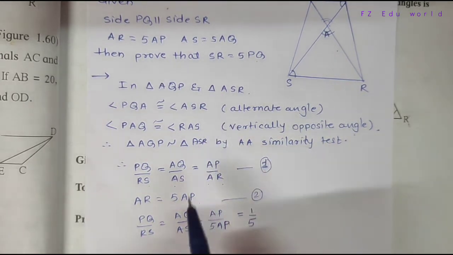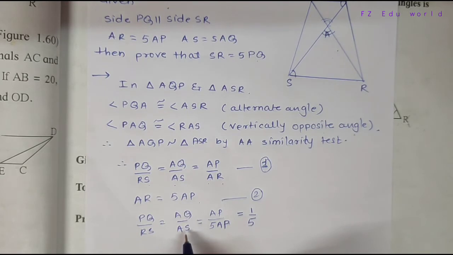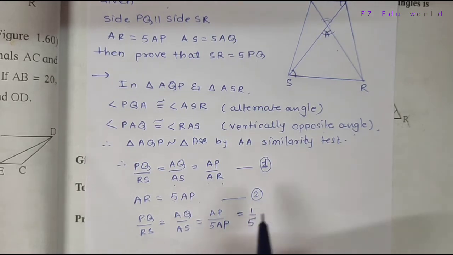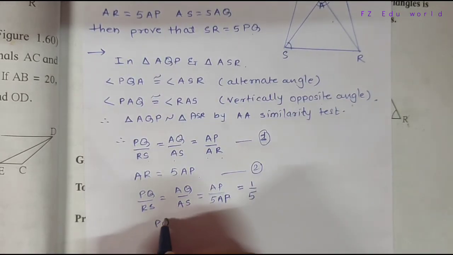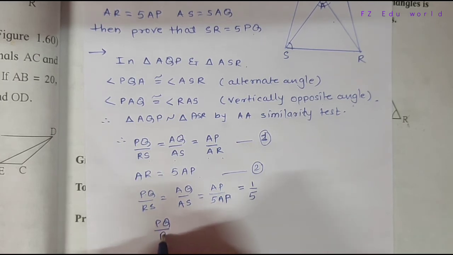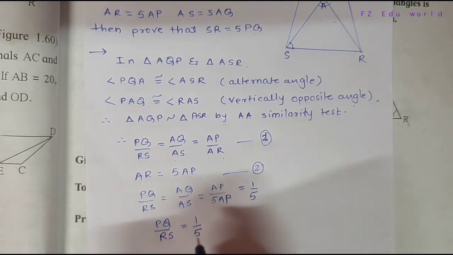Now what we need to prove is that SR is equal to 5 PQ. RS and SR are the same, so we take the ratio PQ upon RS is equal to 1 upon 5.